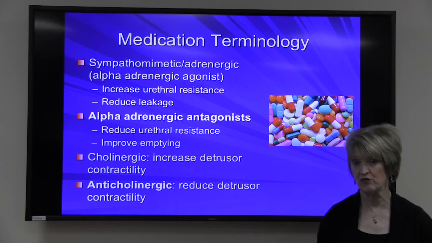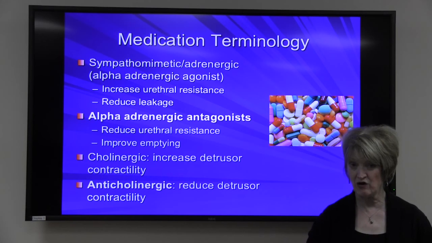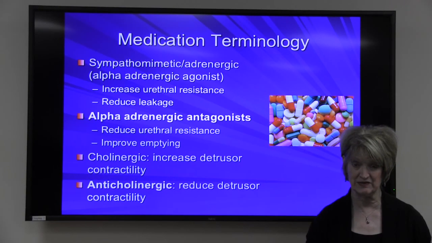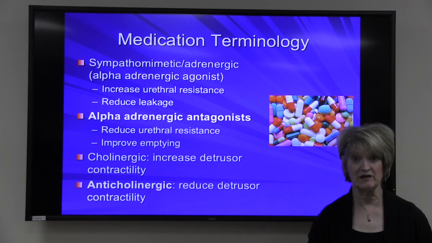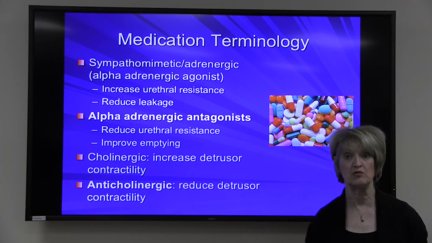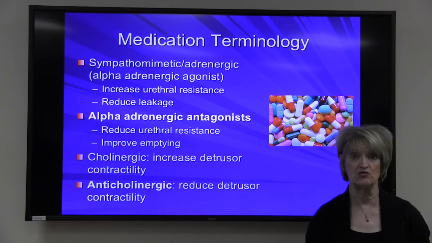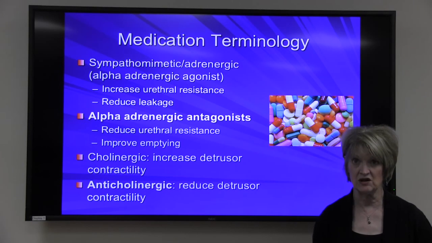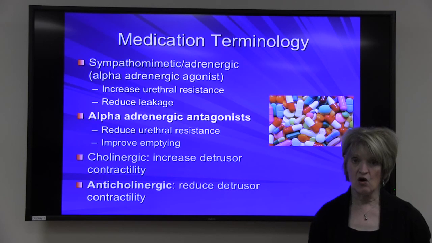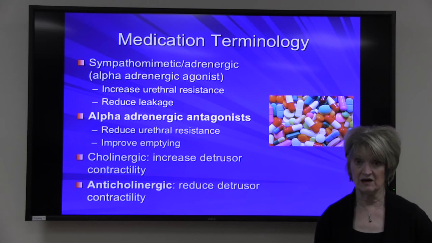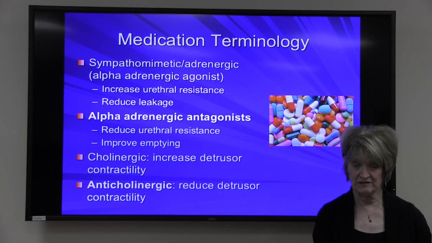So it seems as if we had a medication that was sympathomimetic in nature, meaning it mimics the effects of the sympathetic nervous system, that could be beneficial, that it could promote storage. It could reduce the incidence of leakage. So when you hear the terms sympathomimetic or alpha-adrenergic, you want to think storage phase.